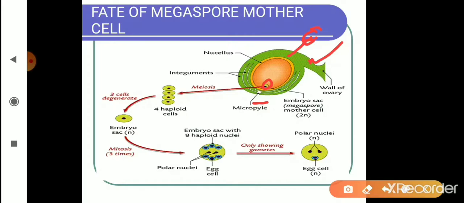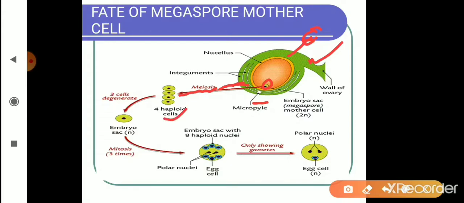It is a diploid cell. This diploid cell first undergoes meiosis and forms four cells. One meiotic division forms four haploid cells, and this is called a tetrad.